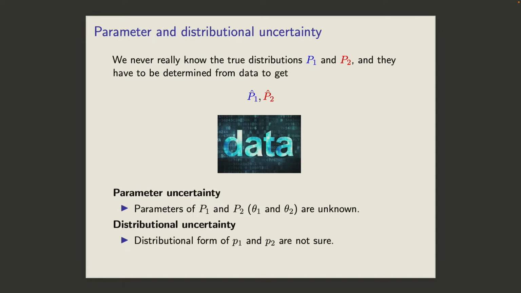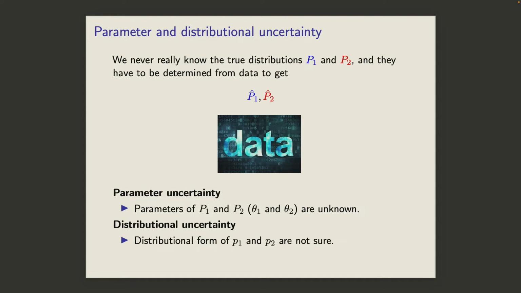So the data provide information. How do we use that information? In the past, a lot of work has been done assuming a parametric form of the distributions and estimating the parameters. Those typically give rise to parametric uncertainty sets. For example, you assume there are two Gaussians, and then you estimate the mean and covariance matrices for each of the hypotheses.